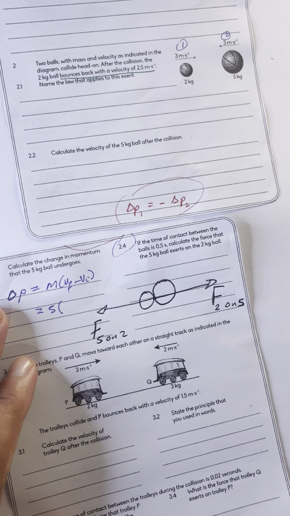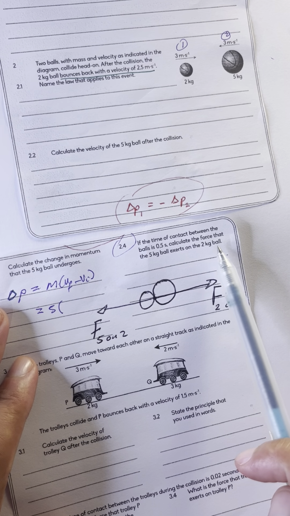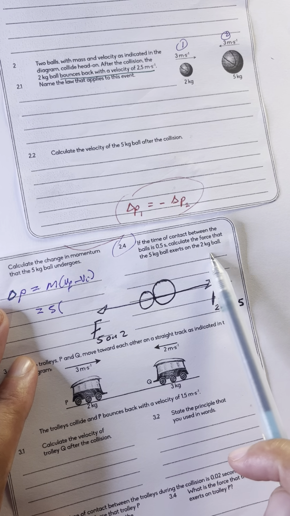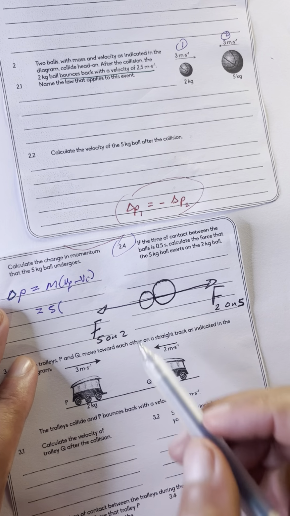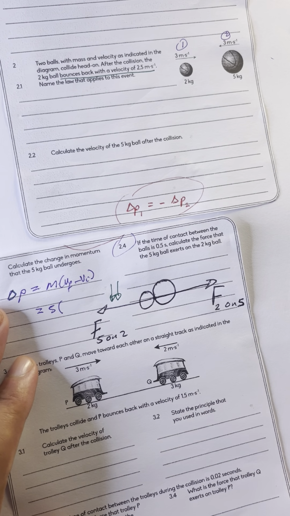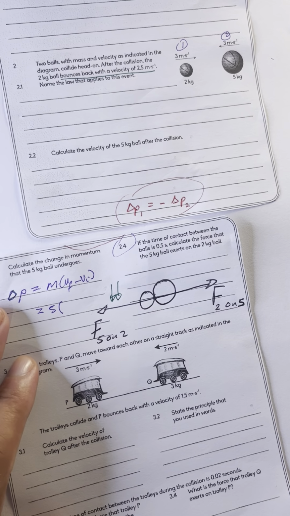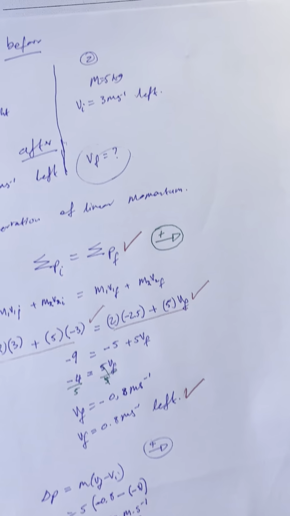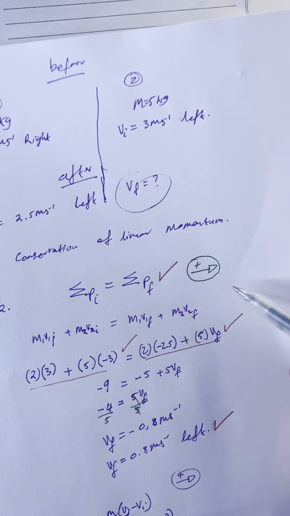But here the question says calculate the force that the 5 kilogram ball exerts on the 2 kilogram ball. The force that 5 kilogram exerts on the 2 kilogram ball is this one, it is to the left. And if you keep the same direction as in the other questions, we took to the right as positive.